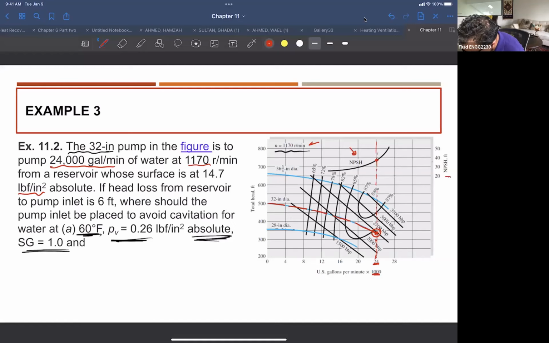You see the scale for the net positive suction head is on the right side, between 20 and 50. This is the net positive suction head required by the pump, in order to operate without cavitation.